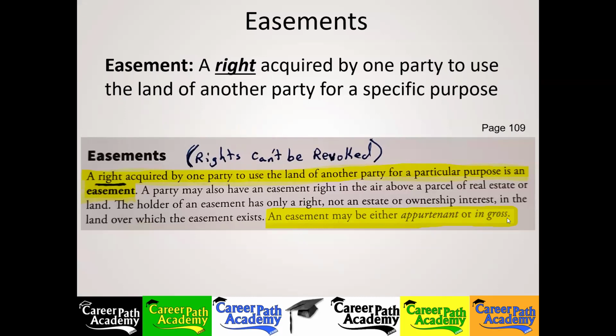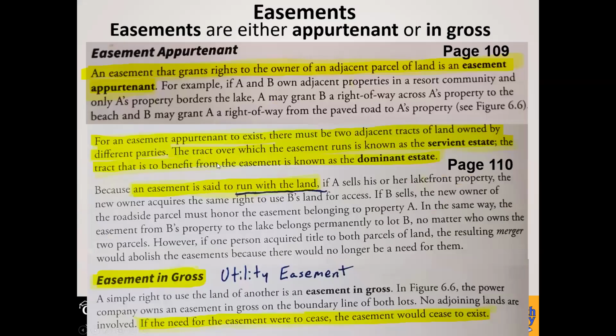We're going to learn what that means in a moment. So, an easement that grants the right to the owner of an adjacent parcel of land, that's your neighbor whose property is touching yours, not the person across the street, is an easement appurtenant.